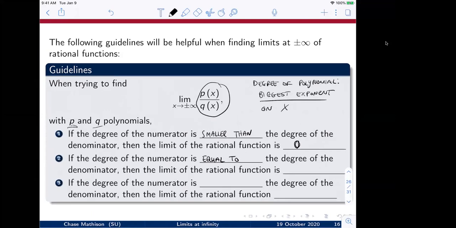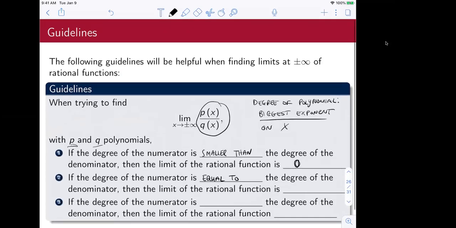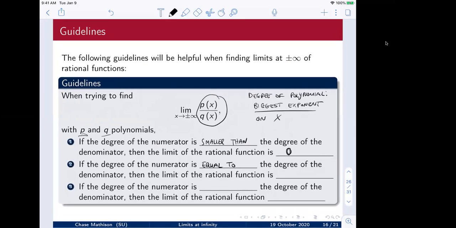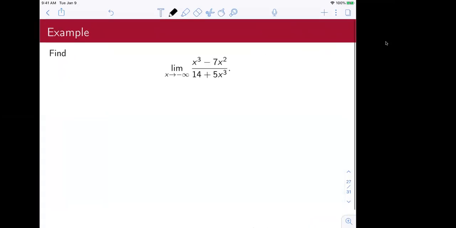so that their highest exponent occurs first in the sum, then the limit is going to be, well, let me just write out p of x and q of x up here.